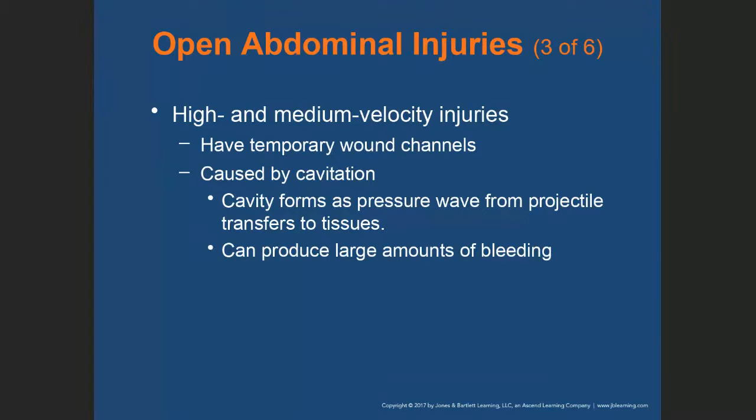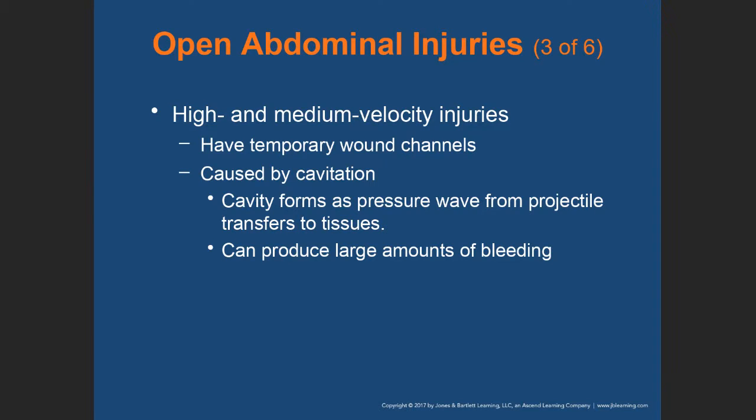So there can be temporary cavitation from a gunshot wound, from the bullet, and there can be permanent cavitation. The difference is temporary cavitation is created by the pressure wave around the bullet. When a bullet leaves a handgun or a rifle, it spins while traveling.